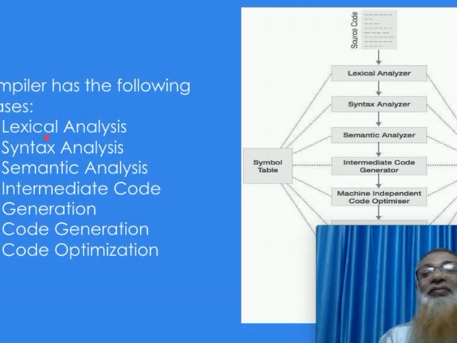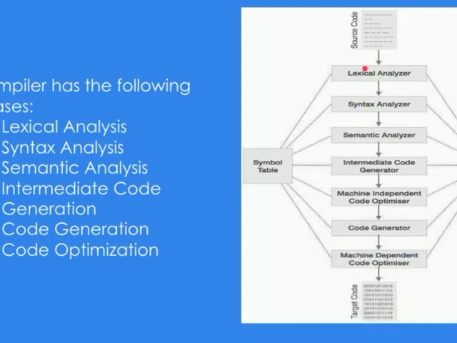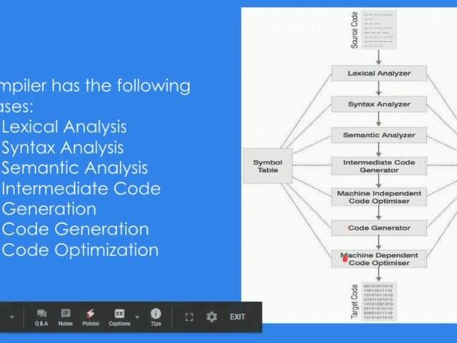These are all the different modules of a compiler. You can see that the first one is lexical analysis, then syntax analysis, semantic analysis, intermediate code generation, machine independent code generation, code optimization, and machine dependent code optimization.